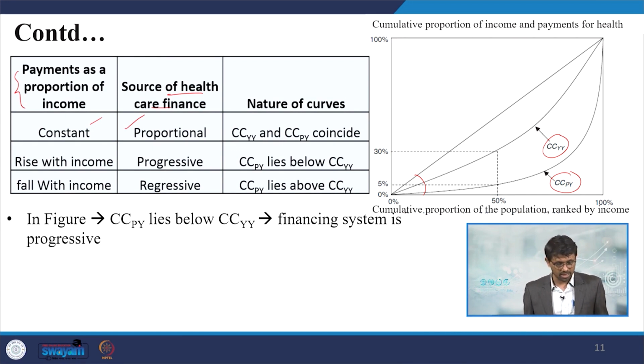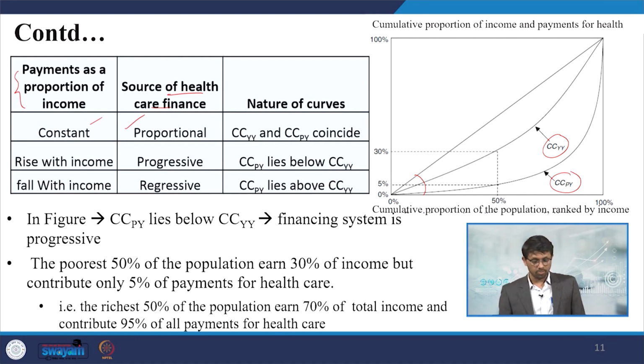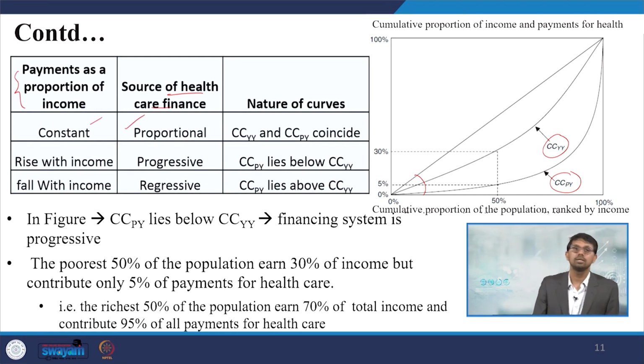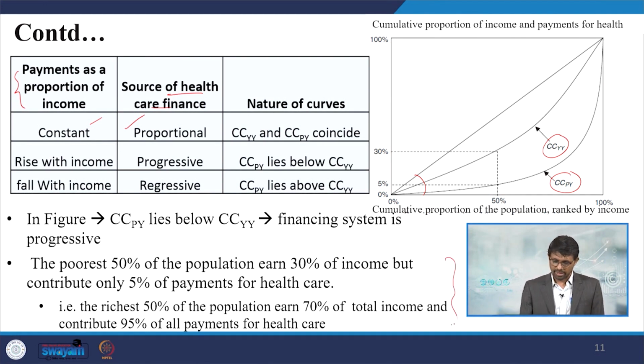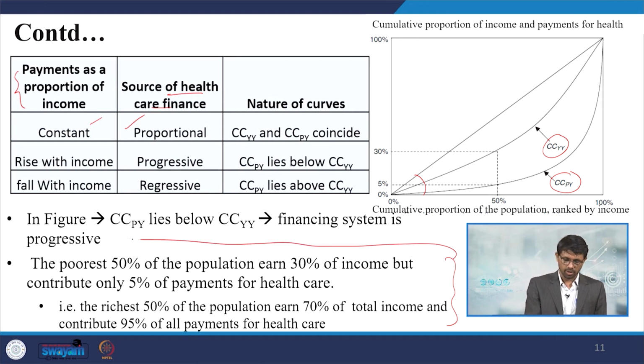The poorest 50% of the population earn 30% of income, but contribute only 5% of payments for healthcare. The richest 50% of the population earn 70% of the total income and contribute 90% of the payments for healthcare. Therefore, this indicates that the payment is actually progressive.